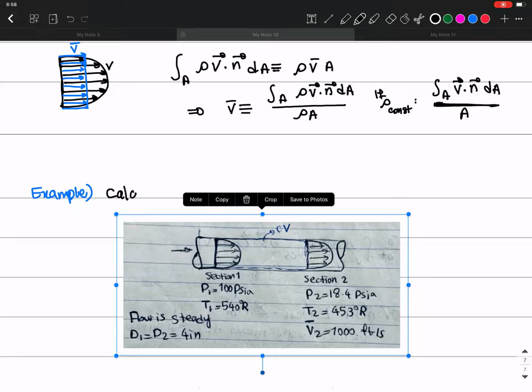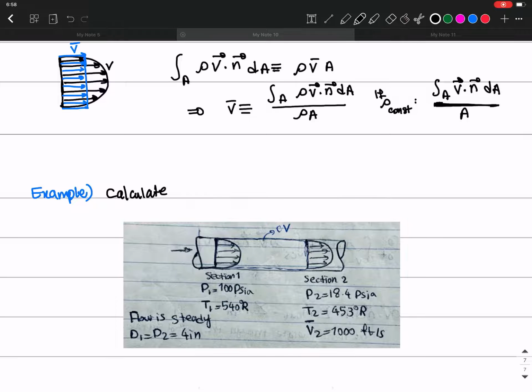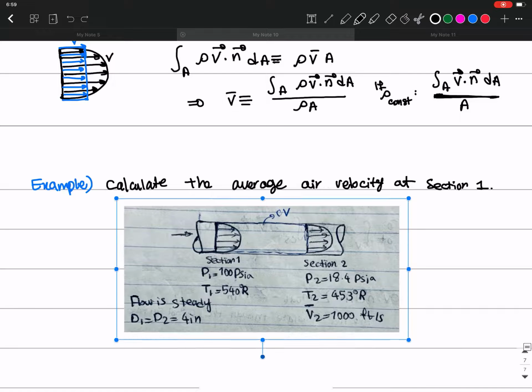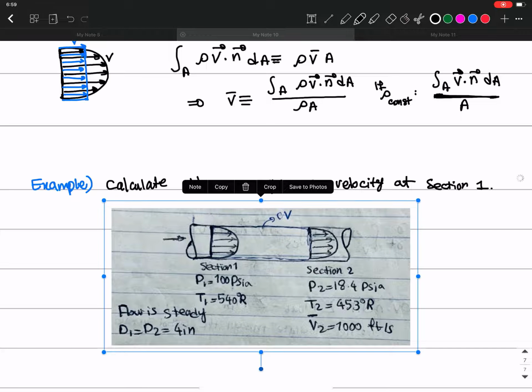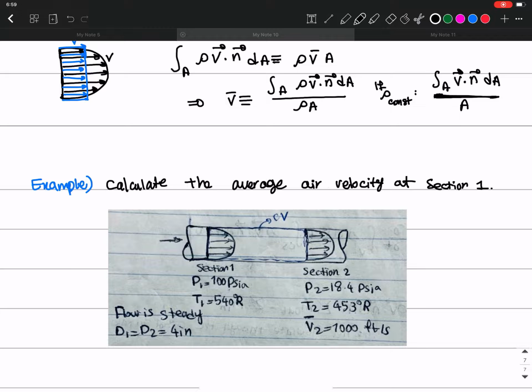Calculate the average air velocity for this velocity profile at section 1, okay, which is here. So here, say we have a pipe flow and the air is flowing through this pipe. And now what I want to do is calculate the average velocity of this velocity profile here.